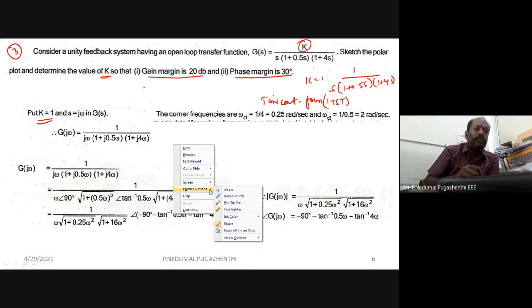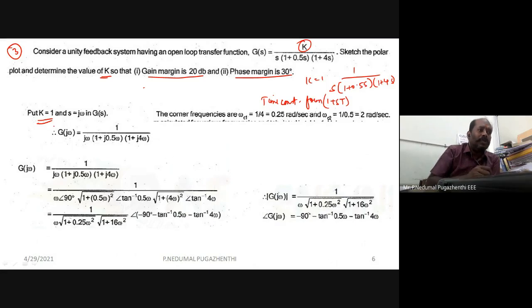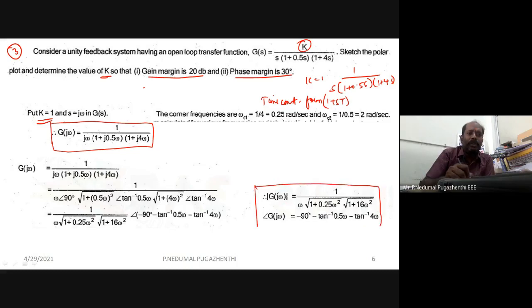Now if your transfer function looks like this and you substitute s equal to j omega, as usual it has its own magnitude and phase value. Every term here is written based on the magnitude and the phase. So finally I got the magnitude value to be this and the phase angle equation to be this. If I vary omega from 0 to infinity, I have to choose my points around my corner frequencies.